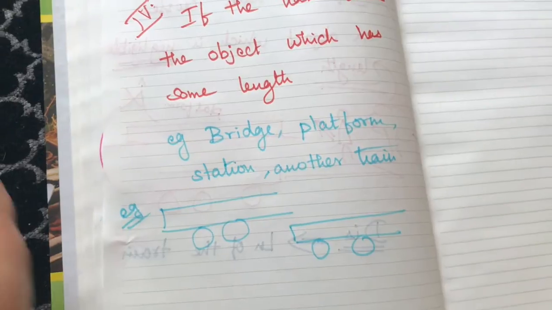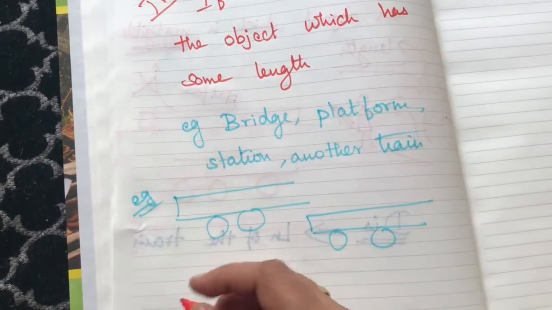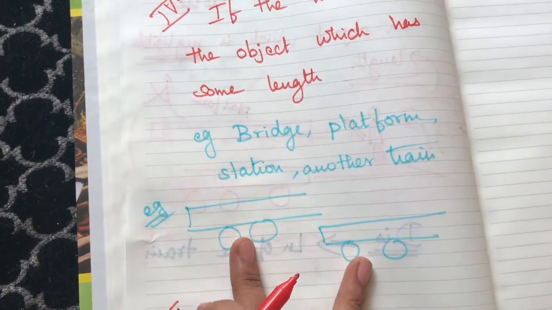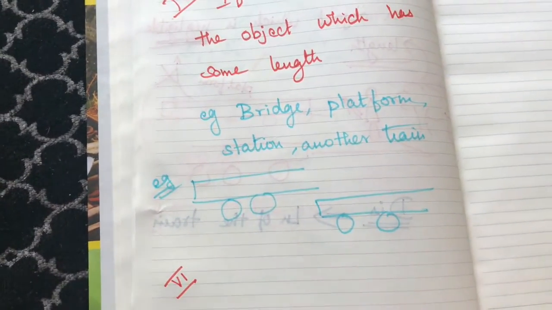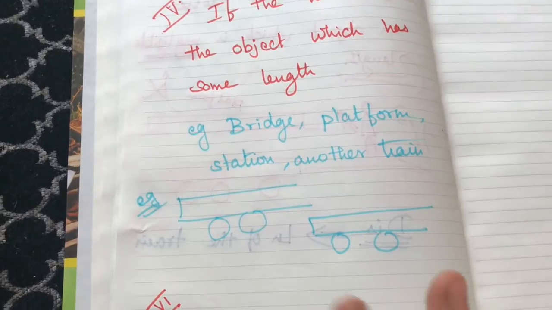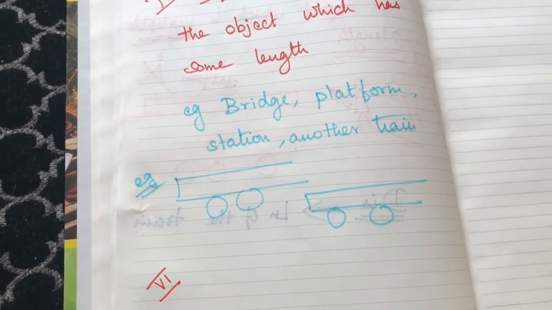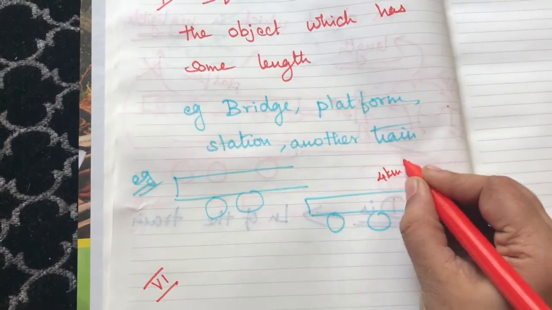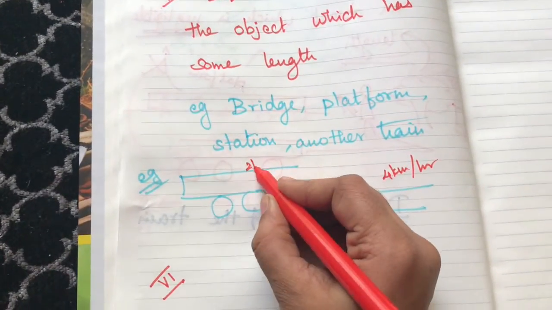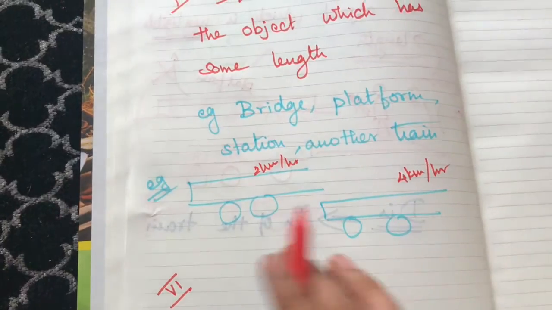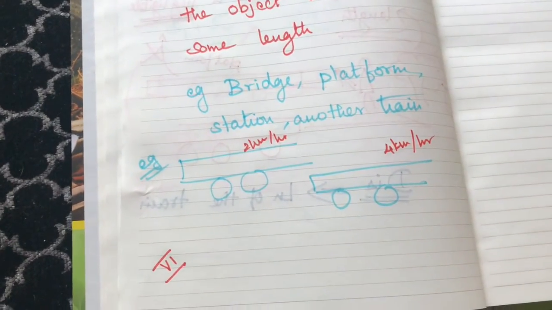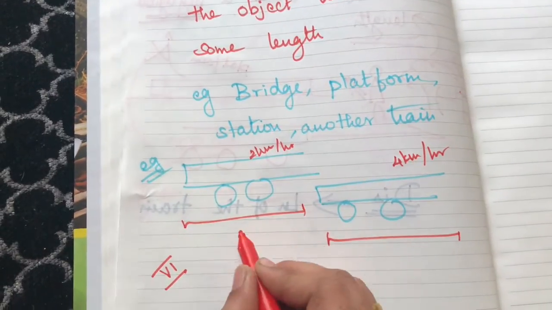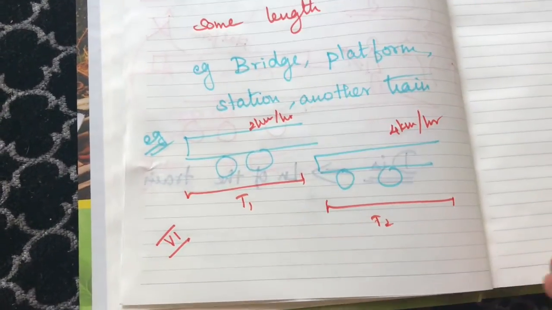In this condition, I can easily tell it comes under the fourth case, because there are two objects and these two objects have two speeds, right? It has 4 kilometers per hour or 2 kilometers per hour. So it has some speed and it has some length, right? T1, T2.